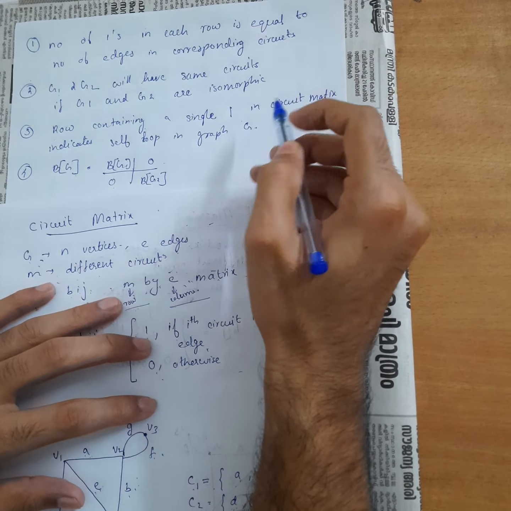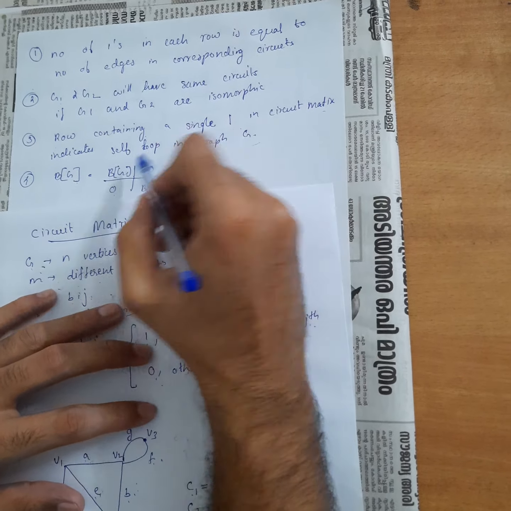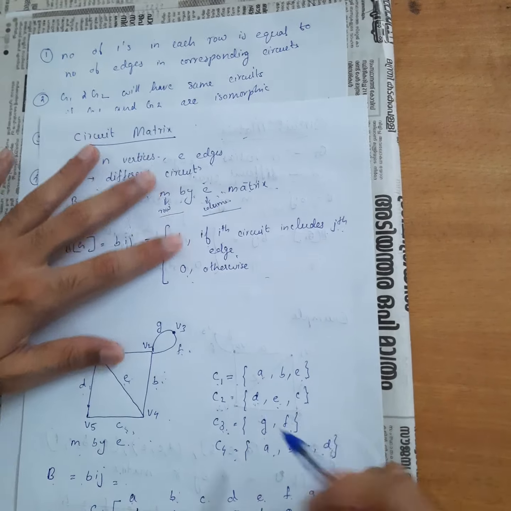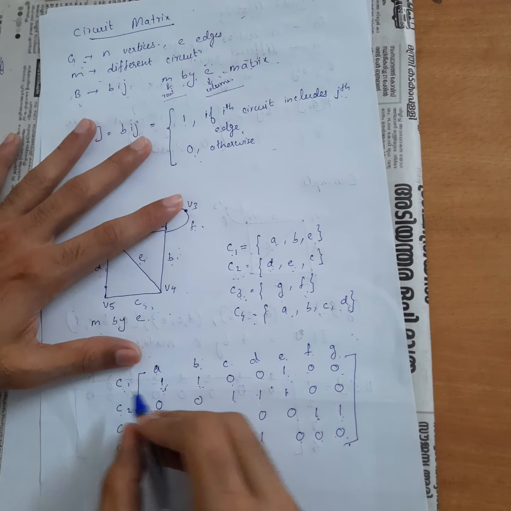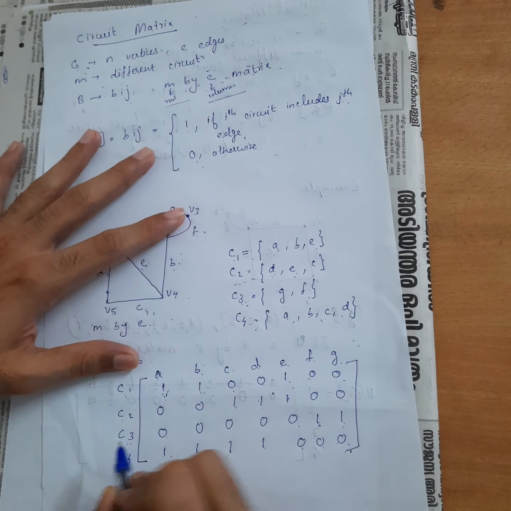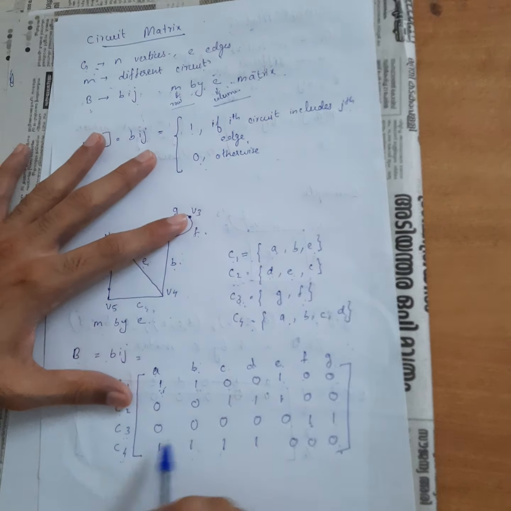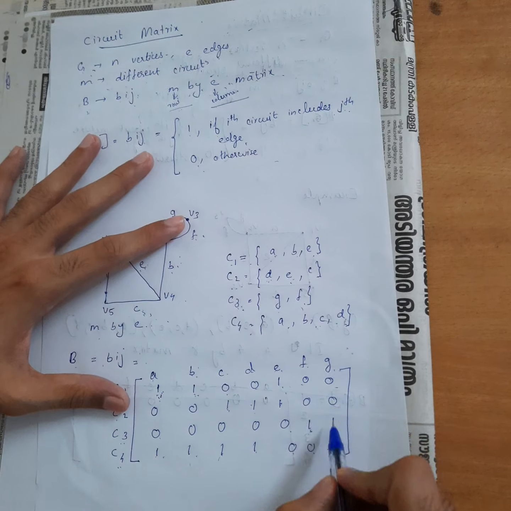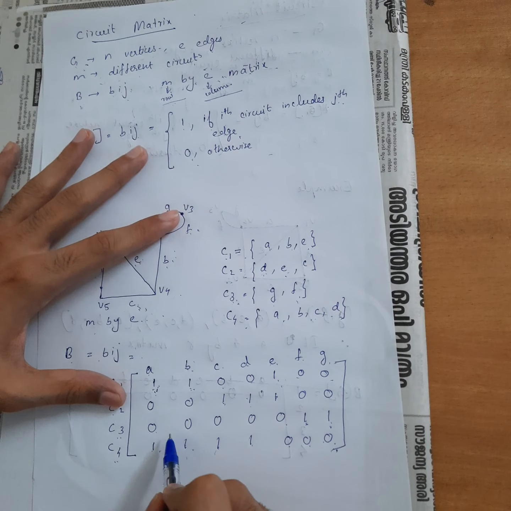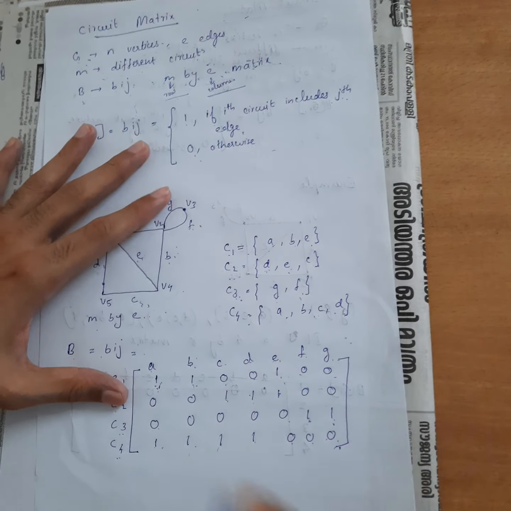That is, if for example the value of G is 1 and all other values in the row are 0, then it is a self loop.